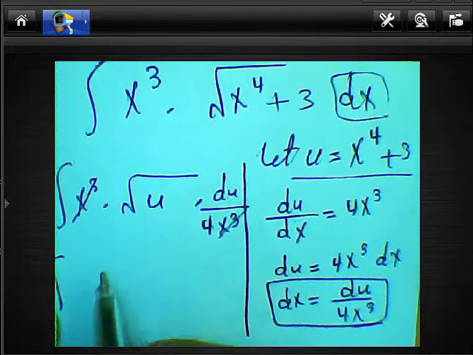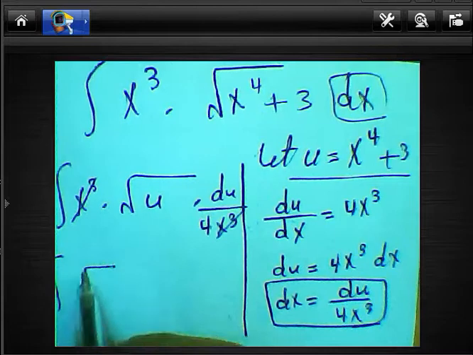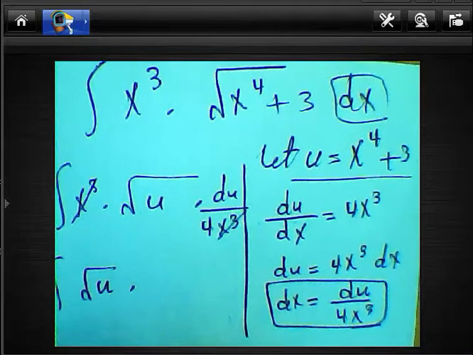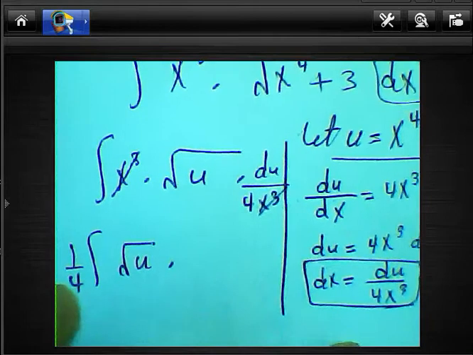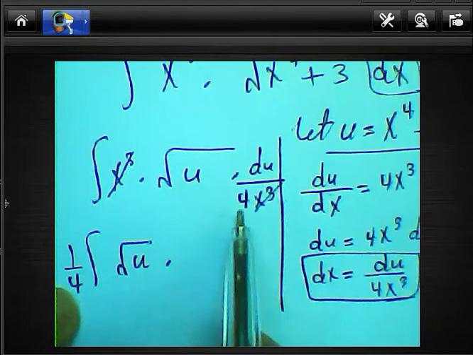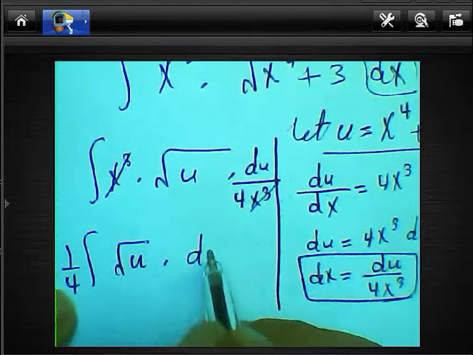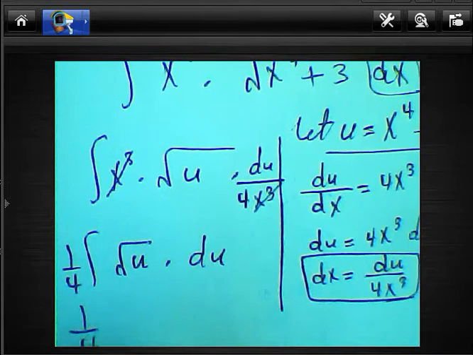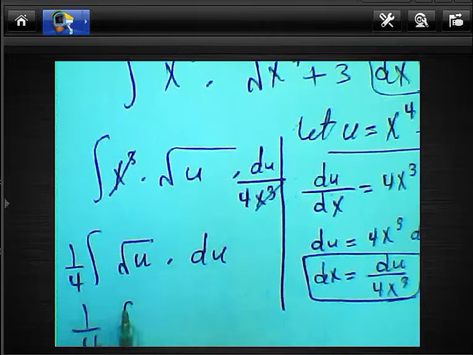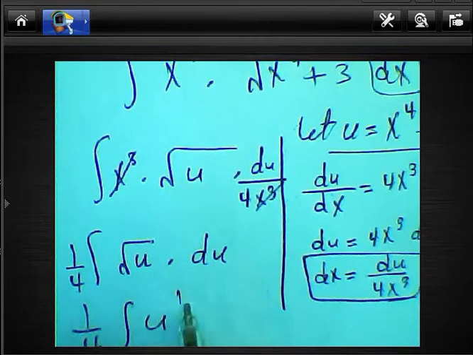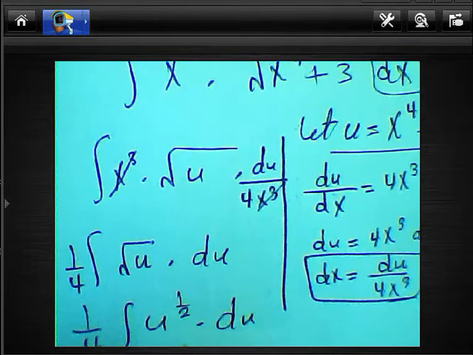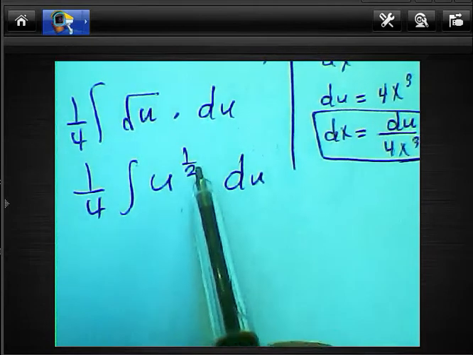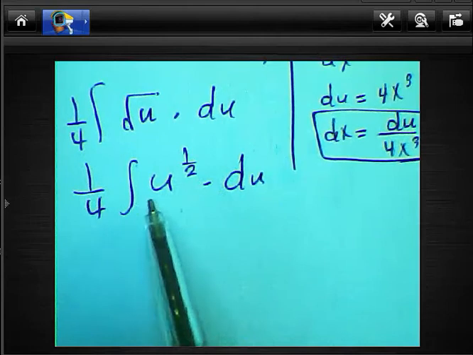Then the integration will be root of u over 4. We can write the 4 outside here, don't forget this number, du. We know the square root of u equals u power half.